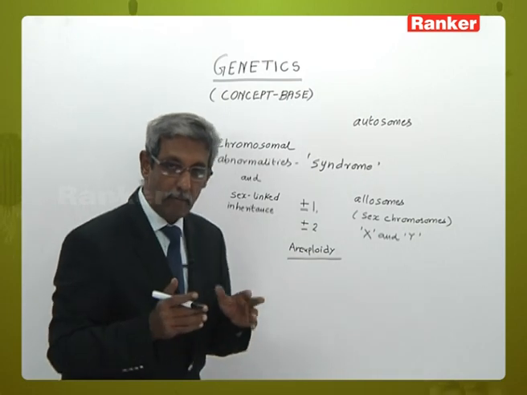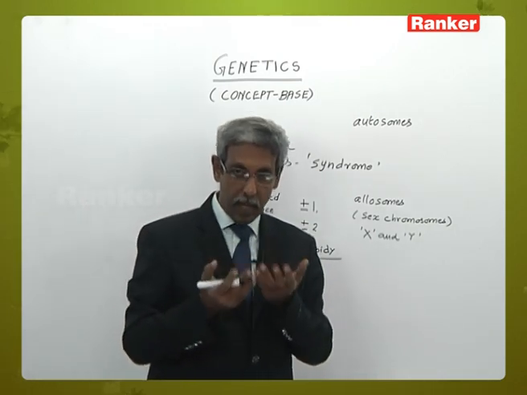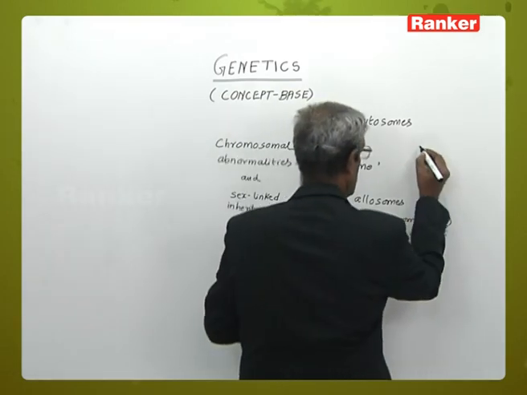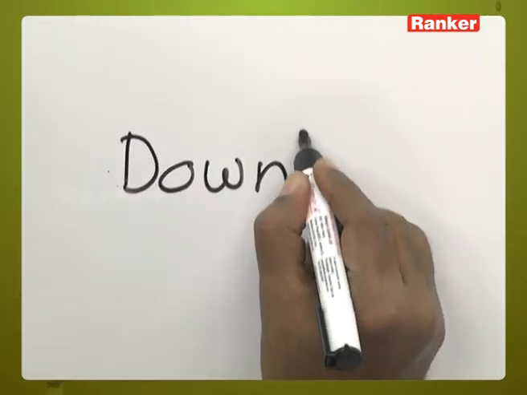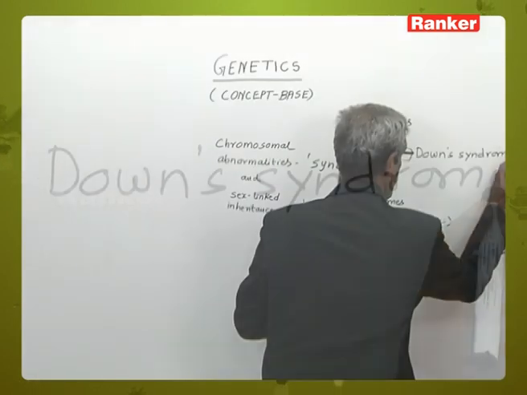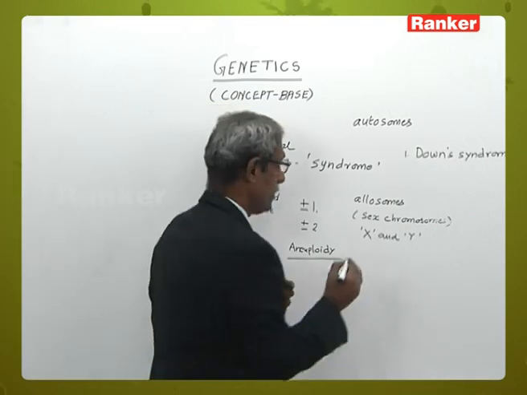So the objective of today's class is, while looking into chromosomal abnormalities, we would be touching upon several issues which are termed as syndromes. First is the Down syndrome.